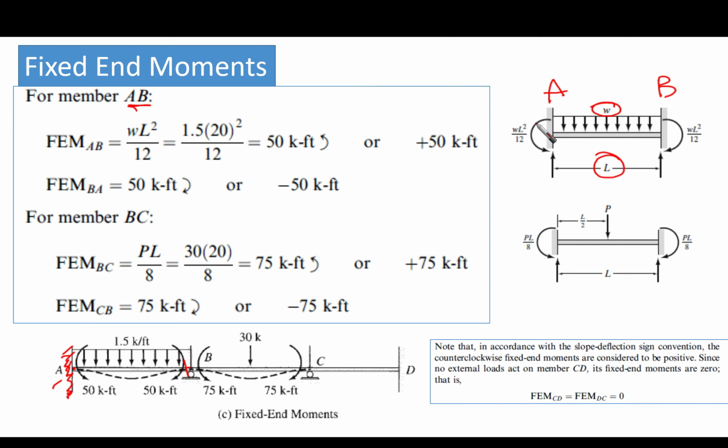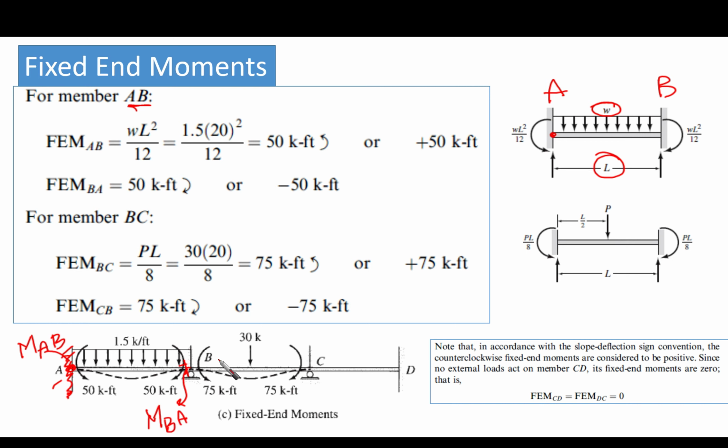Then the moment that is going to be developed here is M, where the near end is A and the far end is B, right? And within this member or span AB, the moment that is going to be developed here is M, where the near end is B and the far end is A.